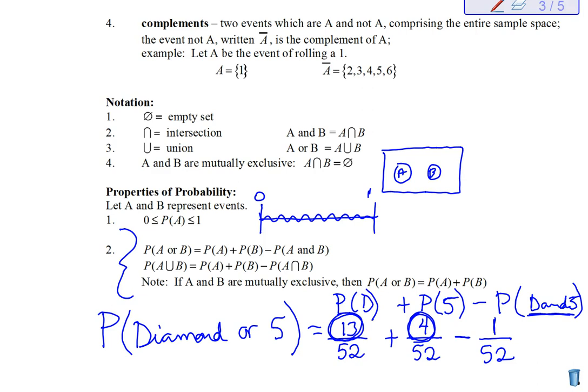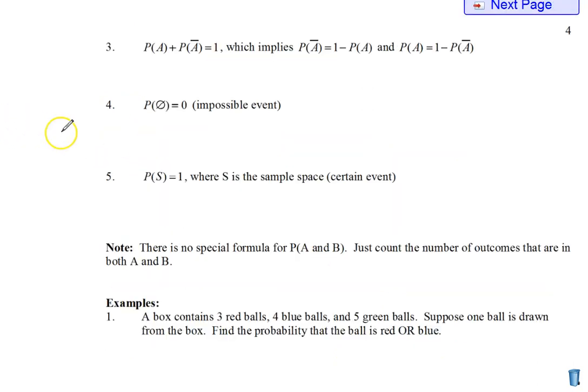All right, going to the next page in your notes, we have a few more properties. This next property we've already talked about. The probability of an outcome plus the probability of its complement has to be equal to 1. And so we talked about that on a dice. If I say find the probability on a dice of rolling a 5, that's going to be 1/6.